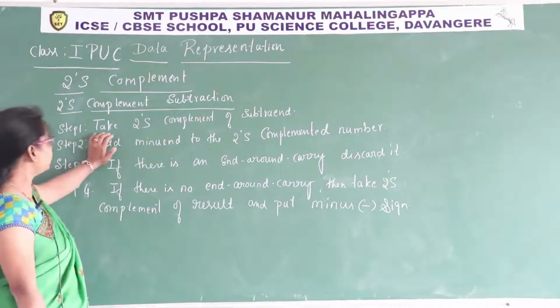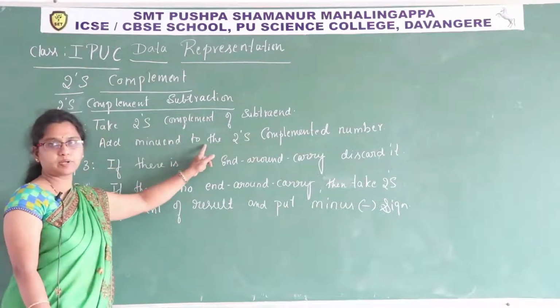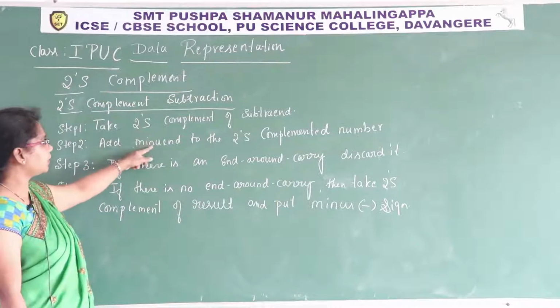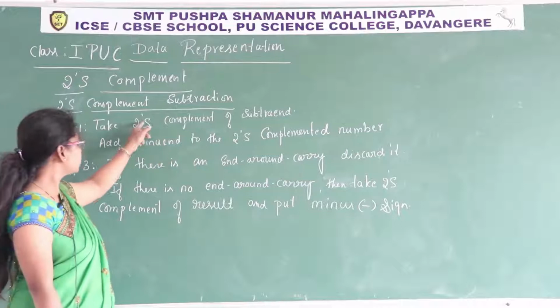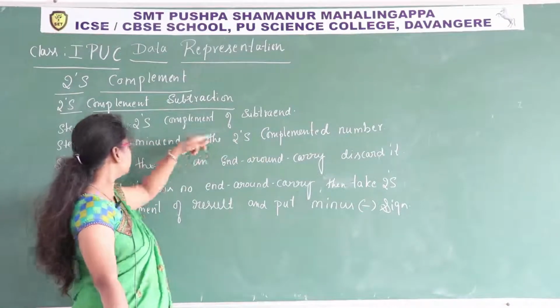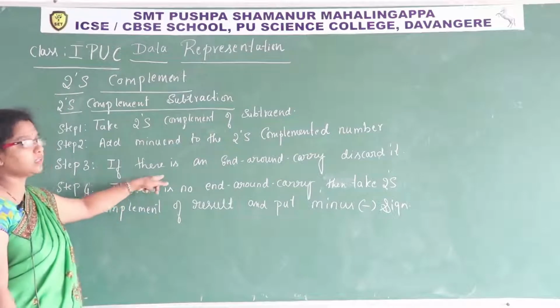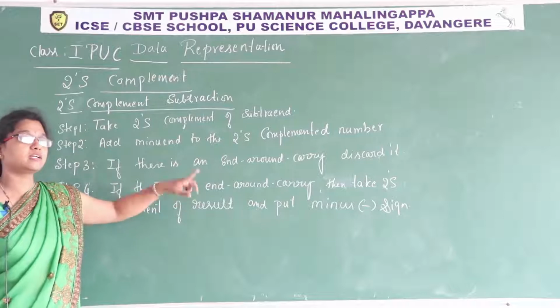In 1's complement, we take 1's complement of the subtrahend. In 2's complement, 2's complement of the subtrahend. And we added the 1's complemented subtrahend to the minuend there. Here also, this 2's complemented number, we have to add it with the minuend. After that, we will get a result. If that result has any end around carry, add that end around carry to the result in 1's complement.